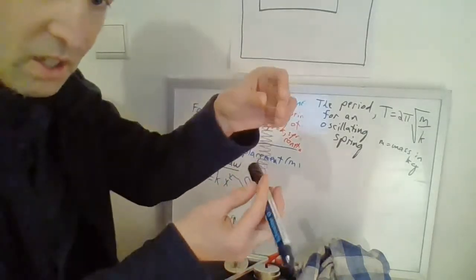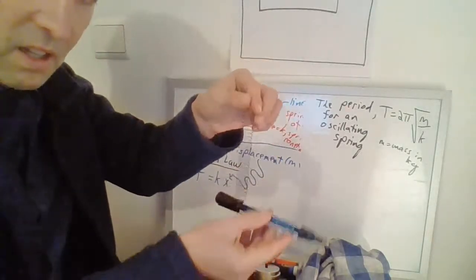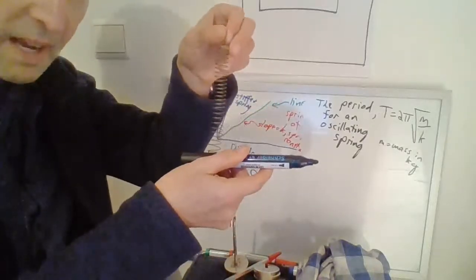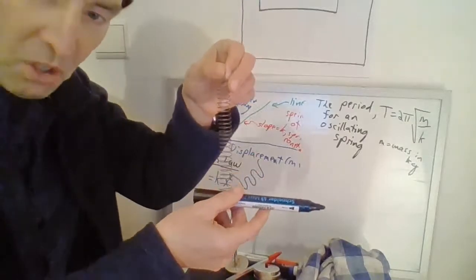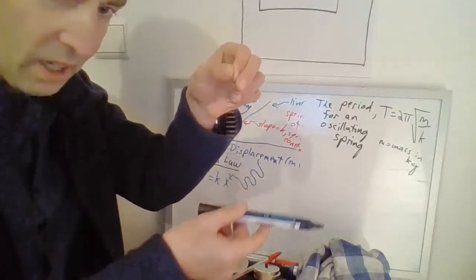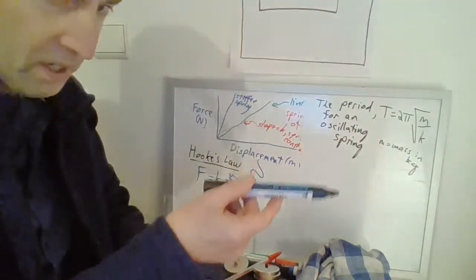Look at this. We're going to make this thing go up and down. Now imagine this going up and down. Let's say I put some mass on my magic marker and I have this going up and down. Pretend it keeps going up and down, up and down.